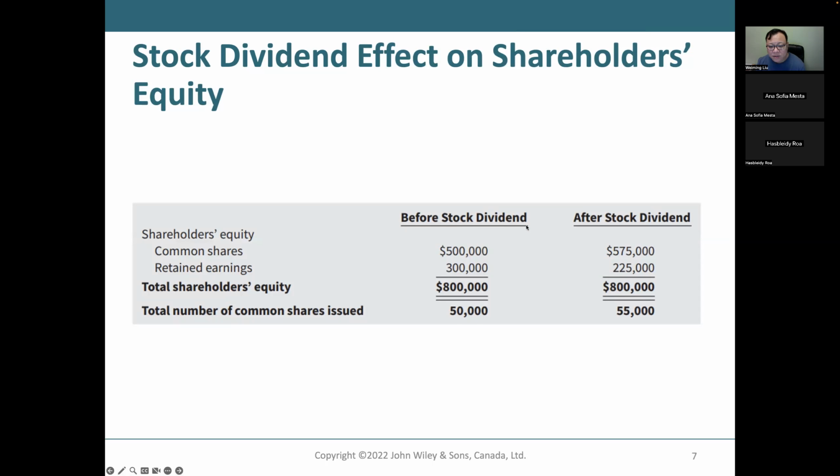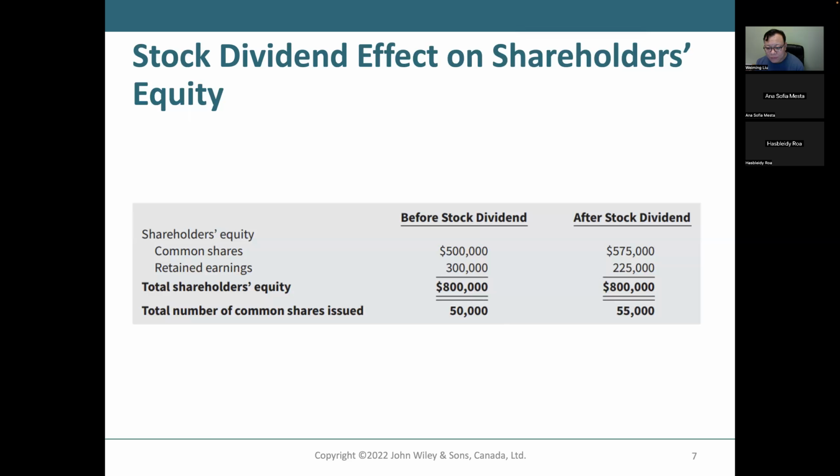So this is before the stock dividend. So we know that you have 50,000 shares, and the common shares value is $500,000. So $500,000 divided by 50,000. So we figured out the average cost for each share is $10, right?